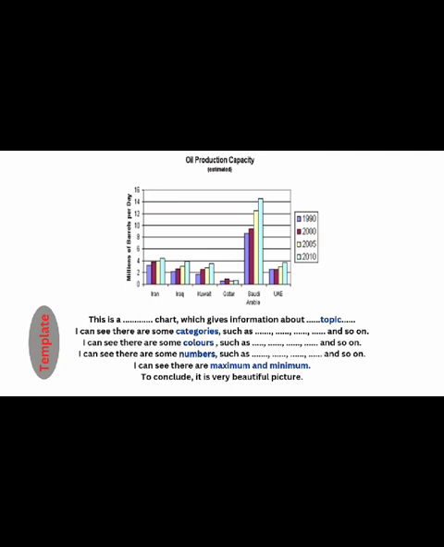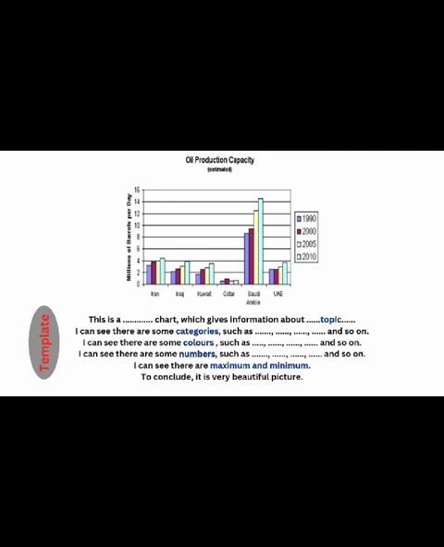Then you can mention the topic which will be given at the top of the picture mainly. But in some cases if it is not given, then you can use any of the words from the picture. Like if we are not given the oil production capacity, we could use millions of barrels per day. So you can use this as your topic for this chart.